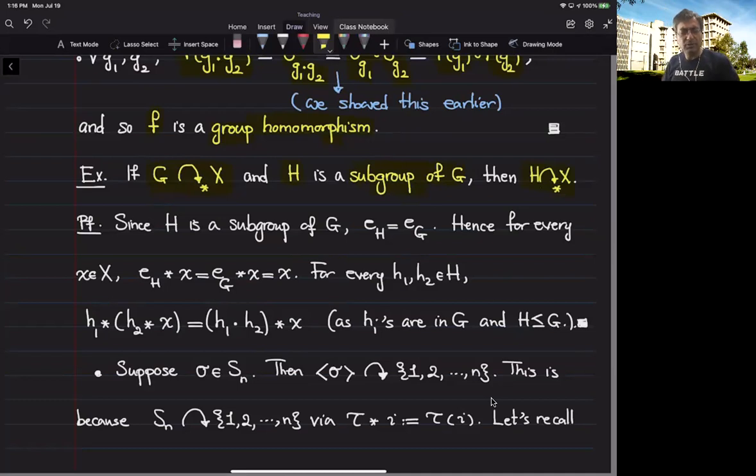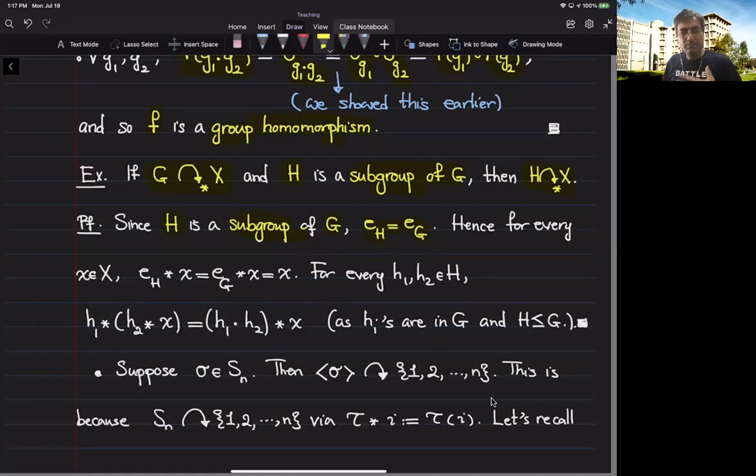Okay, let's try to understand. Only one point might be a bit subtle. Because H is a subgroup of G, we know that they share neutral elements. So the neutral element of H is simply the neutral element of G. This is what we proved earlier when we discussed subgroups.